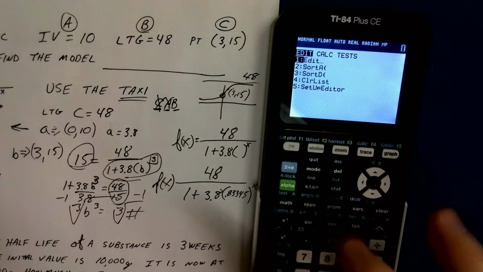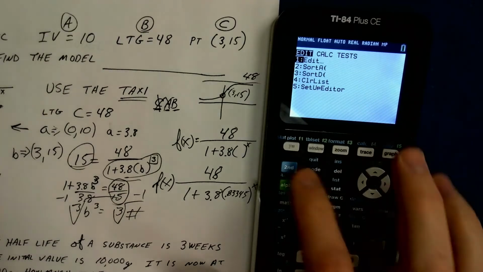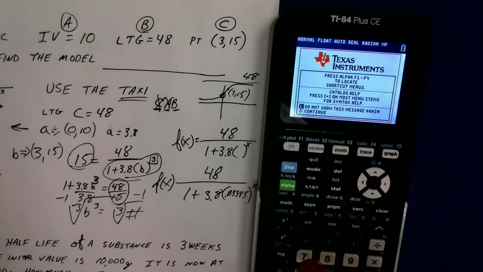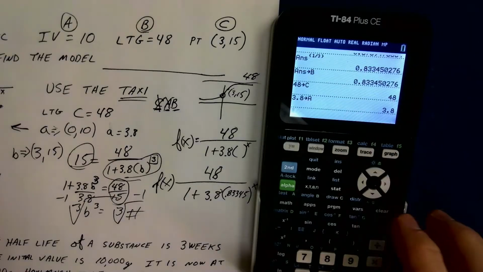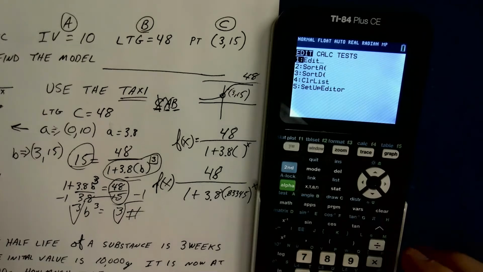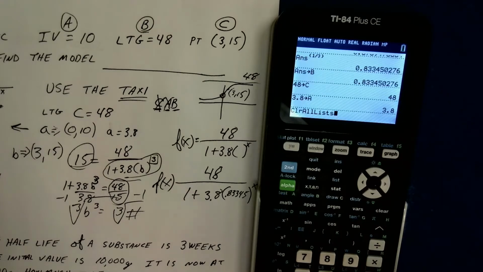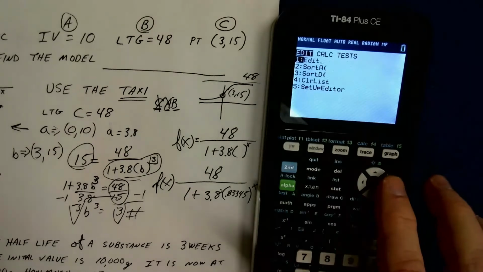Sweet. I'm also going to do this. I do not have to do this, but I think it's good practice for you guys. So I'm going to go to stat, edit, and I have extra data in here. So second plus number 4, clear all lists. I'm going to get rid of that data. Stat, edit.